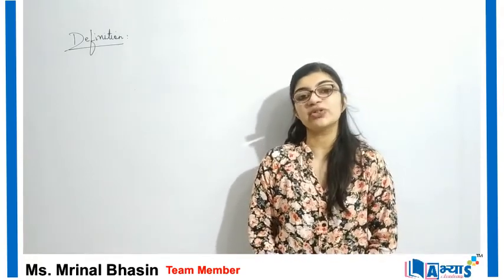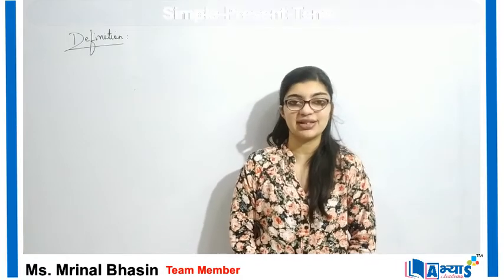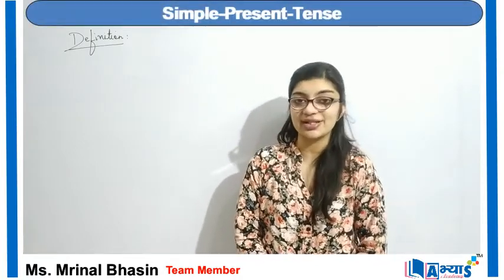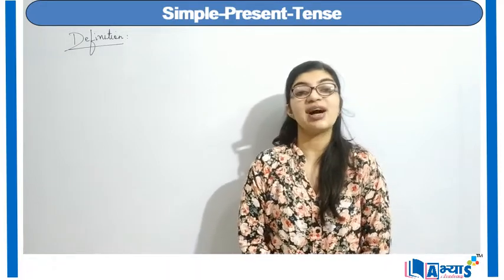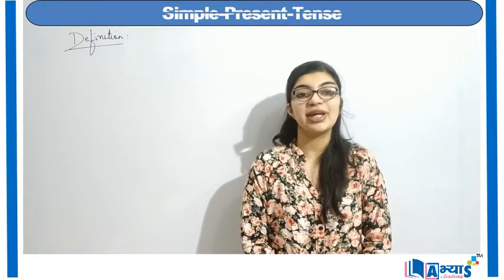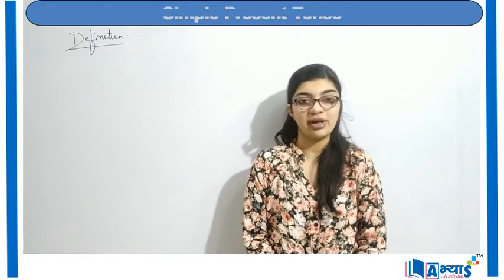And then we are going to study different types of tenses. So first, let us begin with the definition of tenses. So, what are tenses? Now, the verb of tenses basically tells us the time at which an event occurs.